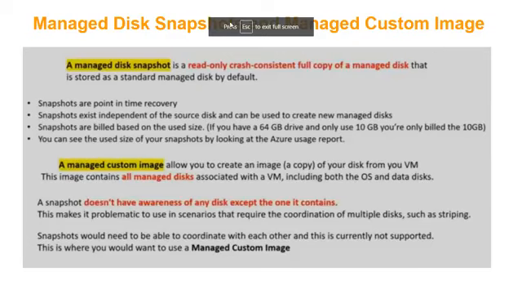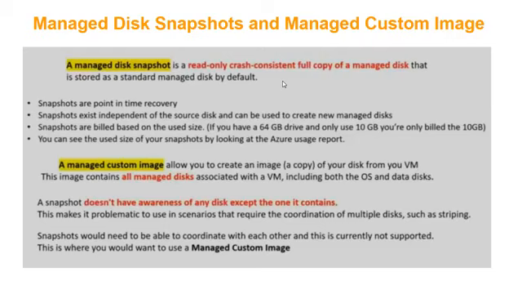So a managed disk snapshot is a read-only crash consistent full copy of a managed disk. Whenever you need a copy of a managed data disk, you can create a snapshot. This snapshot is a read-only copy.